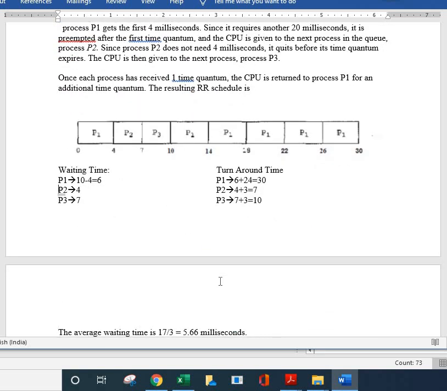So obviously you need to calculate the waiting time and the turnaround time.